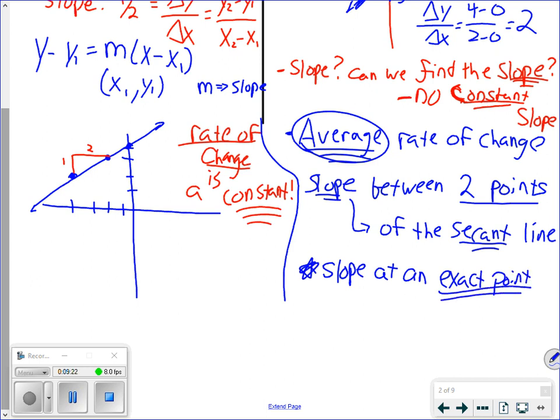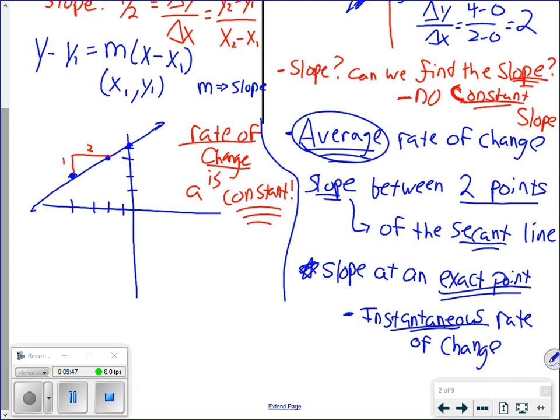No longer just an average rate of change, but an exact point. We're going to call that the instantaneous rate of change. It's no longer an average, it's going to be exact. It's going to be instantaneously at a point. All right? That's the idea we're going to try to get to.